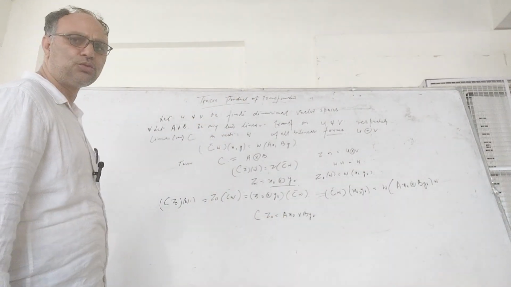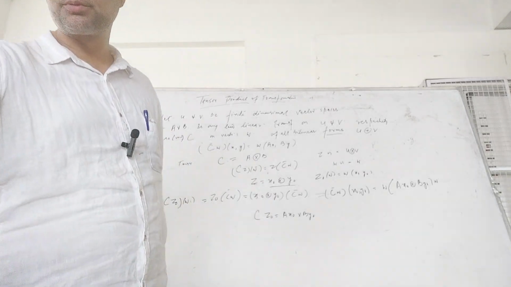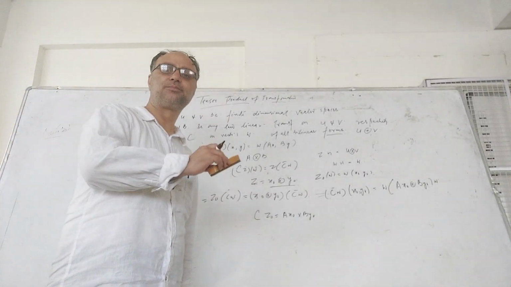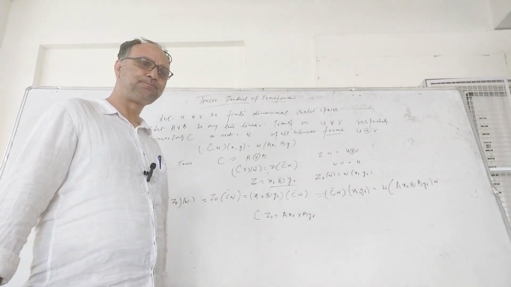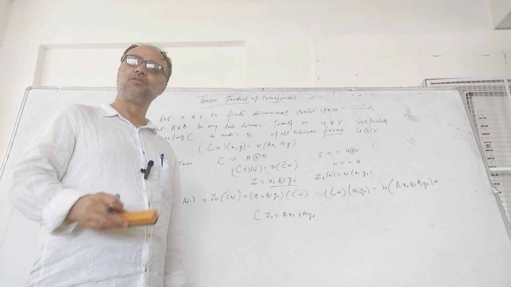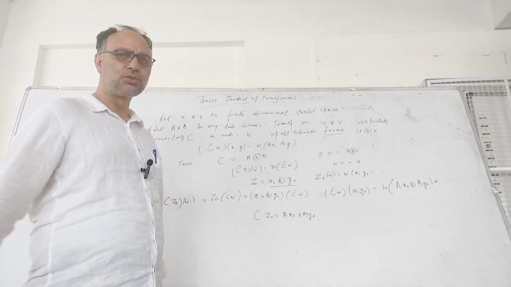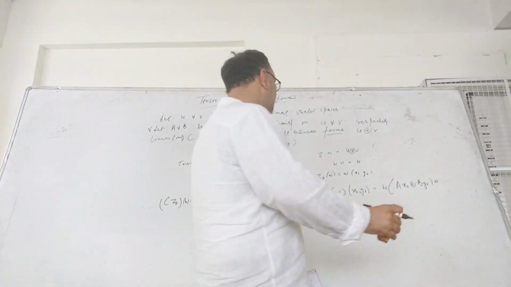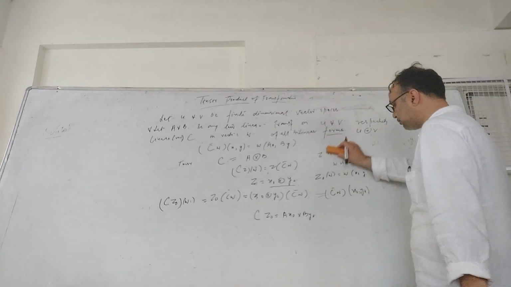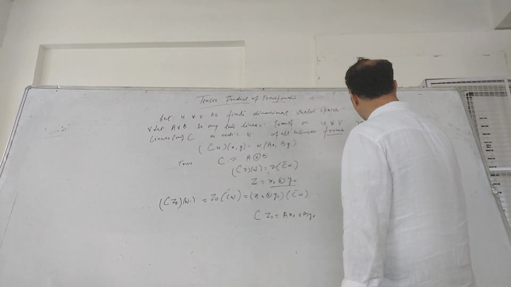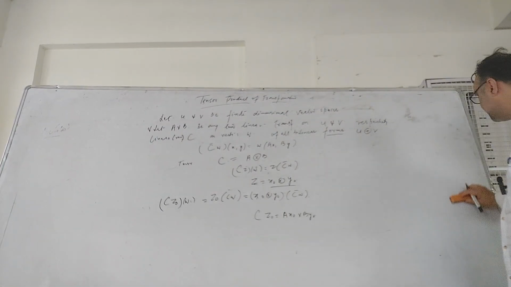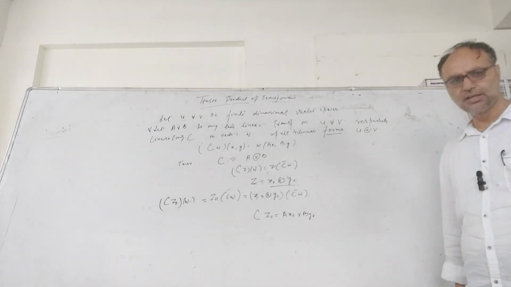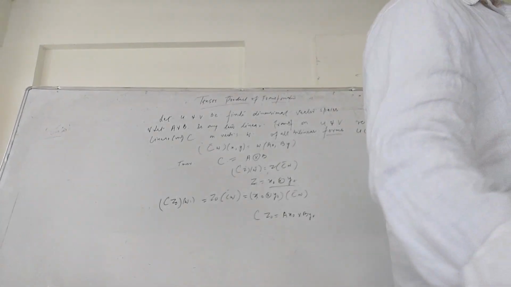Now, the way we have enumerated properties for vector spaces, 1, 2, 3, in the same way we are going to enumerate some formal rules from which those properties can be understood or derived.